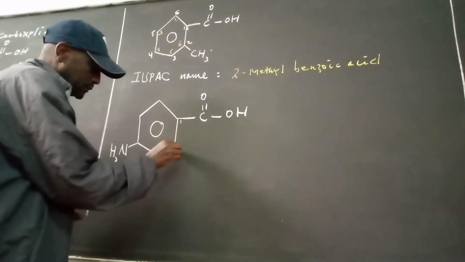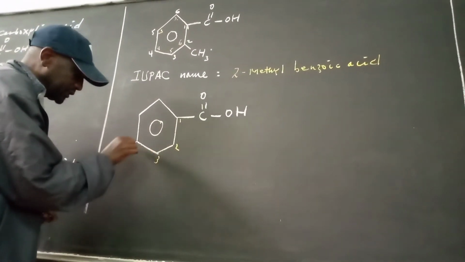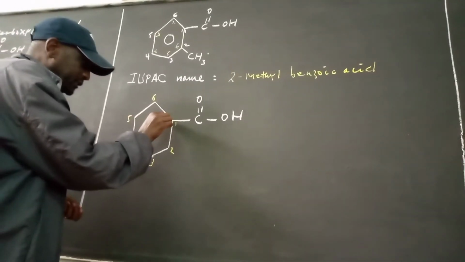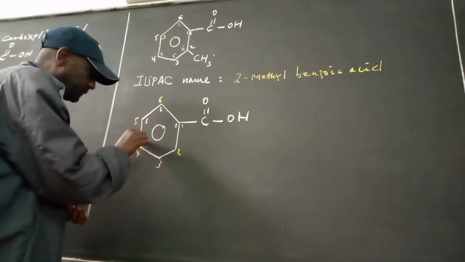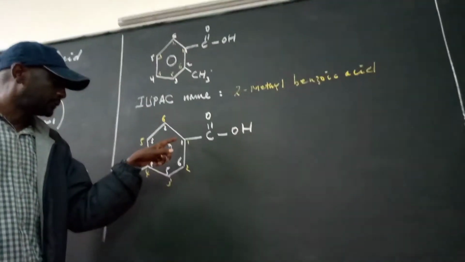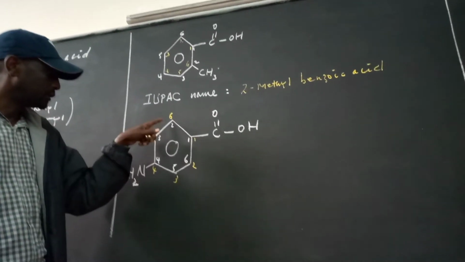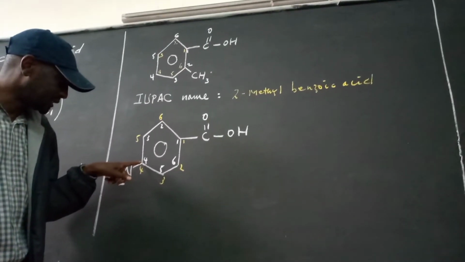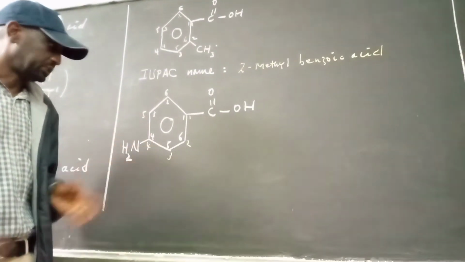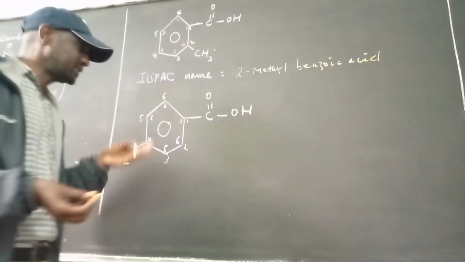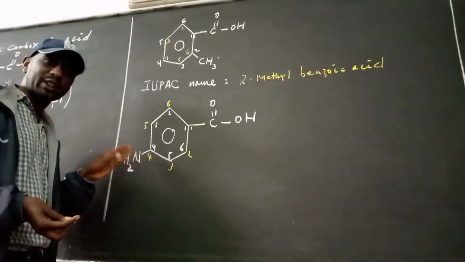Always the first carbon, then in the clockwise direction 1, 2, 3, 4, 5, 6, and in the other direction 1, 2, 3, 4, 5, 6. In both cases the substituent is on the same position. Therefore there is no choice, because we get the same number for the substituent.